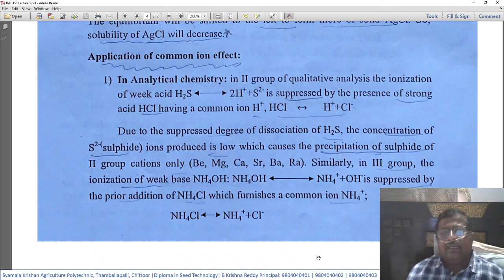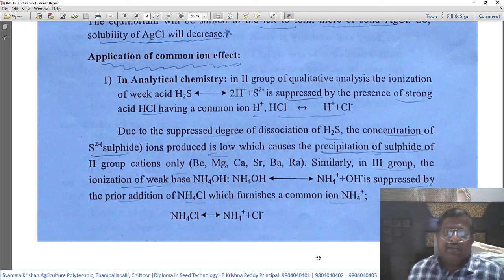Similarly, in the third group, the ionization of the weak base NH4OH, which gives rise to NH4+ and OH-, is suppressed by the prior addition of NH4Cl, which furnishes a common ion NH4+.